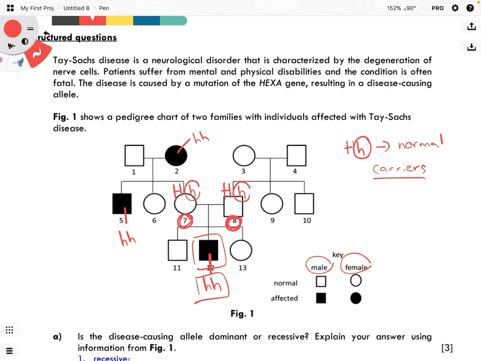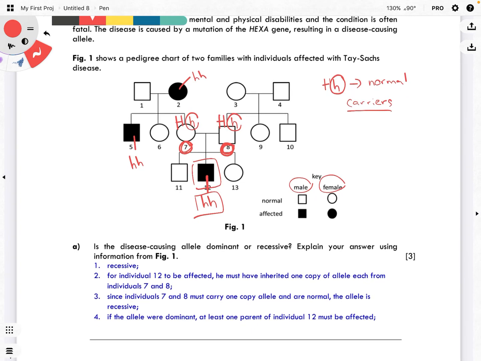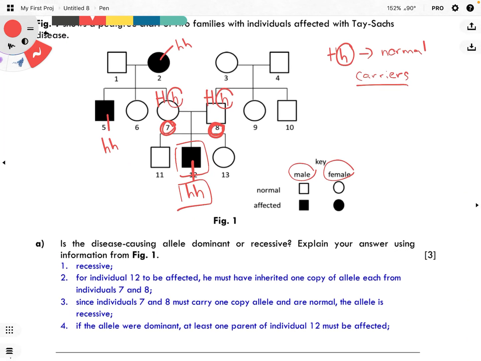So if I show you a sample of how you can answer this. Number one, the disease-causing allele is recessive. So here's a suggested answer. There are other ways you could answer this, as long as it justifies what you've claimed. For example, we say for individual 12 to be affected, he must have inherited one copy of the disease-causing allele from individuals 7 and 8.